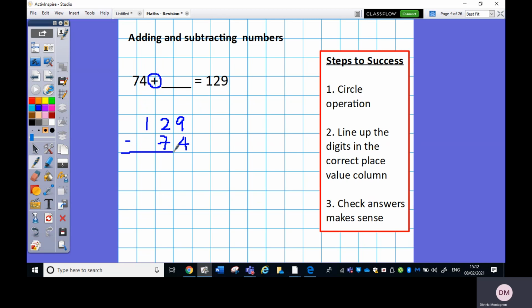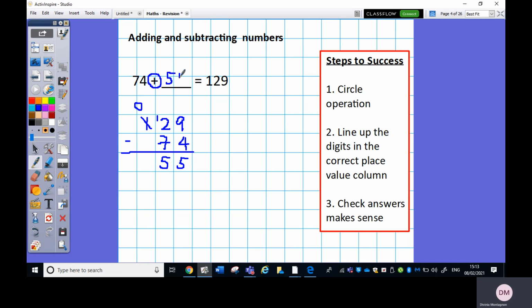OK, and now I can calculate it. 9 take away 4 equals 5. 2 take away 7, I can't do, so I need to regroup. 12 take away 7 equals 5. And we have 0 here. So I'm going to write 55.